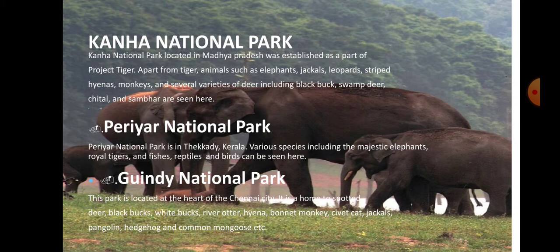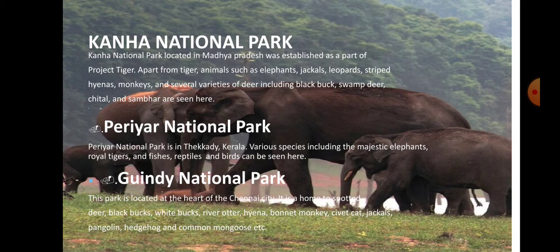Now let us move on to Periyar National Park. It is in Thekkady, Kerala. Most of you might have heard of this. When you hear the word Thekkady, you might have heard Munnar along with it. When you were traveling to some hill station, you might have gone to Thekkady in Kerala. Various species including majestic elephants, royal tigers, fishes, reptiles, and birds are seen here.